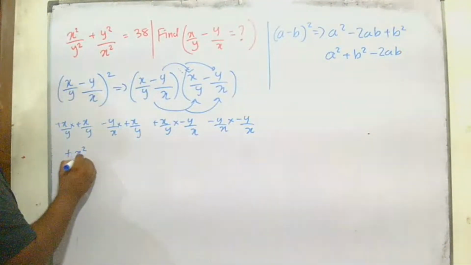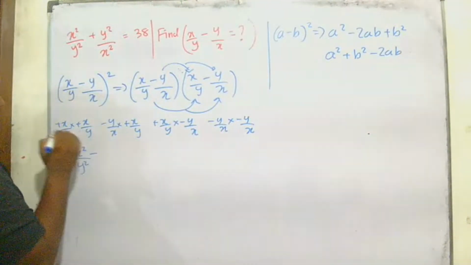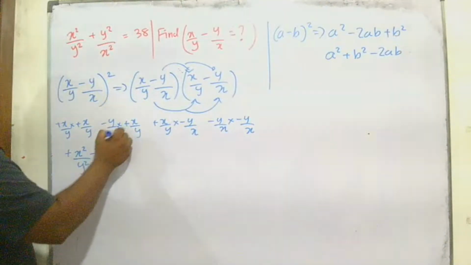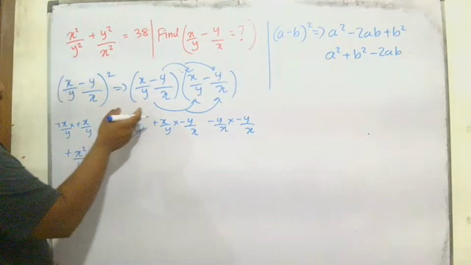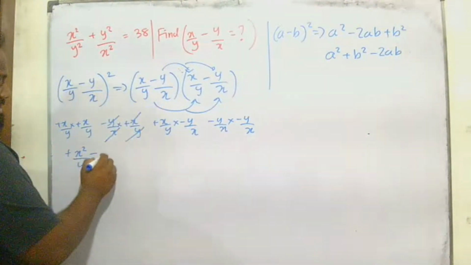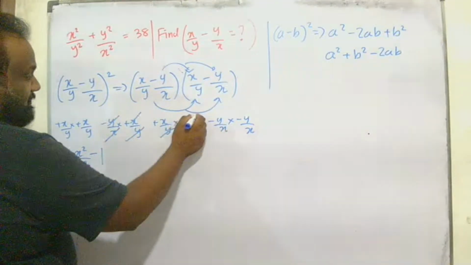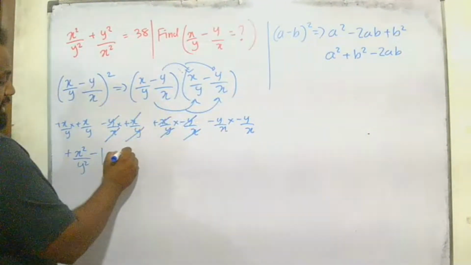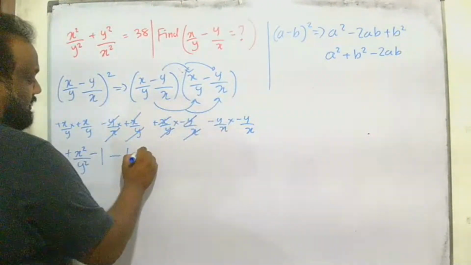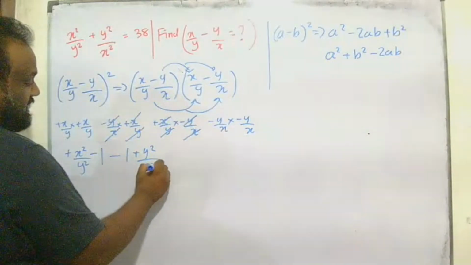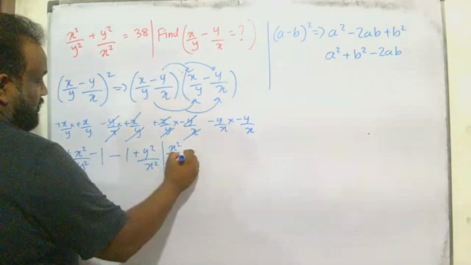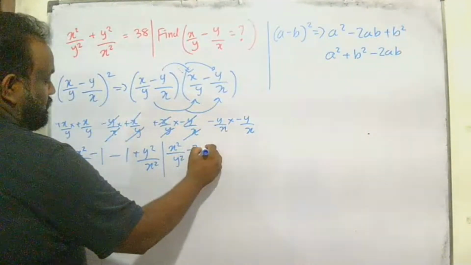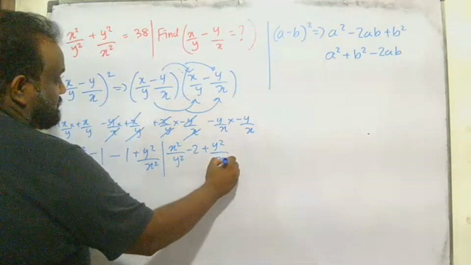Plus x squared over y squared minus, look at this, these can be easily cancelled off because it's multiplication between two fractions. Minus into plus is minus 1. Similarly, again minus 1, and here plus y squared over x squared, which gives us x squared over y squared minus 2 plus y squared over x squared.